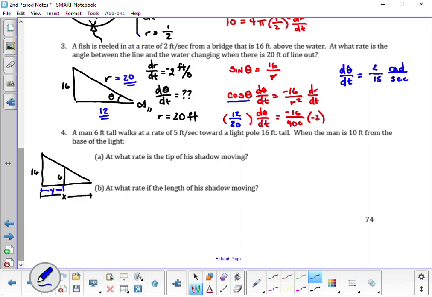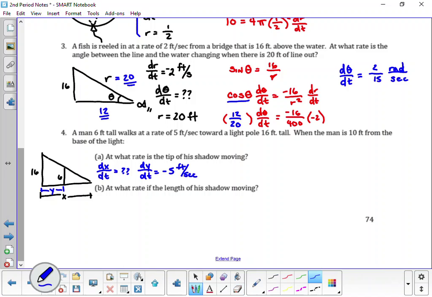Okay, so I need to know dx/dt. That's the one this is asking. And I know that he's walking towards the light, so dy/dt is -5.